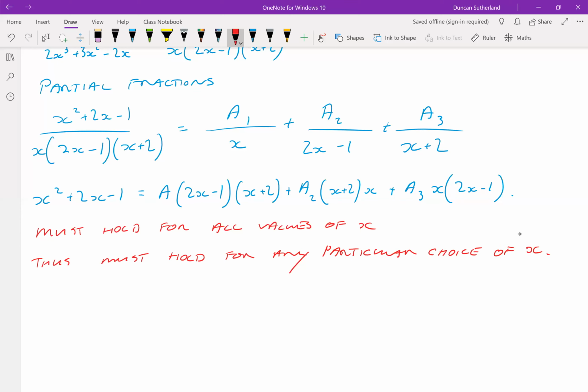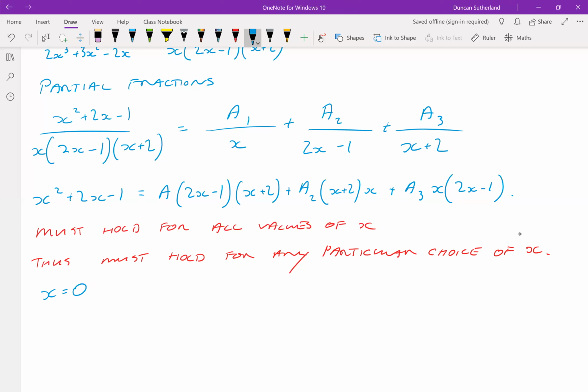That is, if I stick any old x value into this, it must be true. Therefore, I can be clever and select x values that simplify the process. For example, one of the simplest x values you can think of is x equals 0.